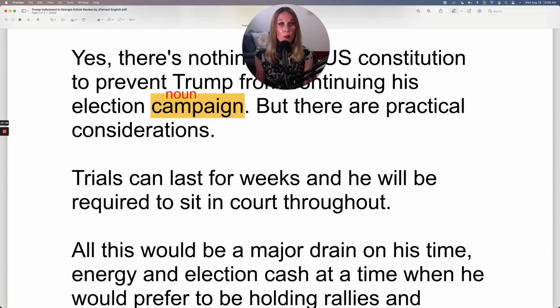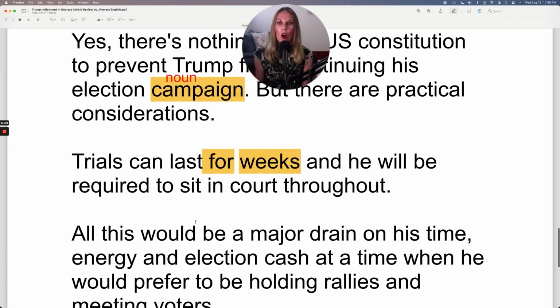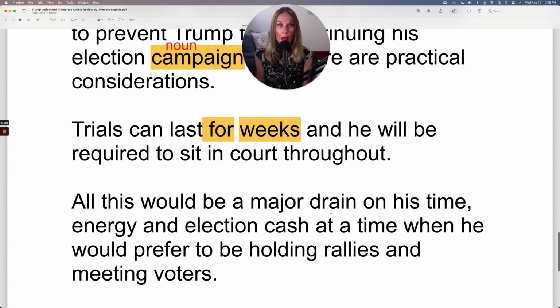Trials can last for weeks, 4 weeks. Just notice that, our preposition, for 4 weeks. And he will be required to sit in court throughout. So he has to sit in court. He has to physically be in court. All of this will be a major drain on his time, energy, and election cash.